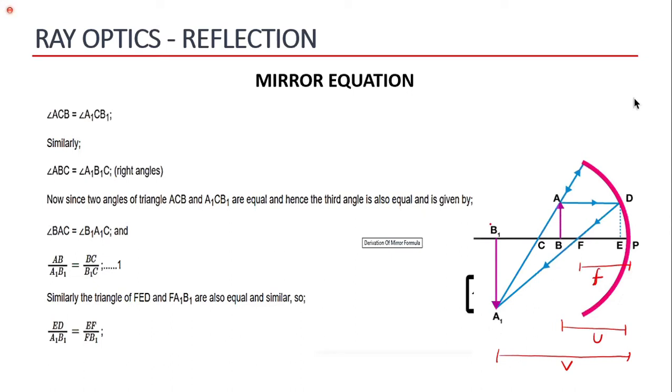Now I'm going to take my triangle ACB and my triangle A1B1C, right? This angle is equal to this angle. This is 90 and this is also 90.